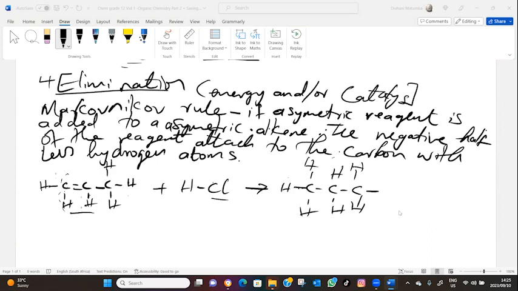All right. Cl. This is where Cl will attach on this carbon.